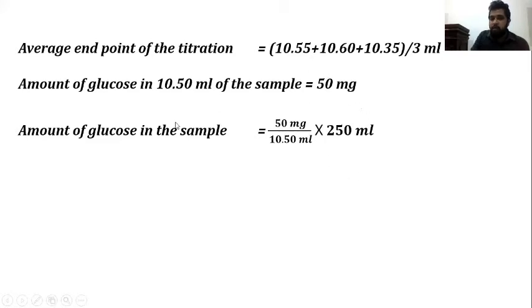To calculate the amount of glucose in the sample, we have to multiply it by 250 milliliters, because from that 250 milliliters you got some amount to the burette. Okay, so we calculated that among the 10.5 milliliters of the sample, it contained 50 milligrams of glucose. Then we can calculate the amount of glucose in the total sample.